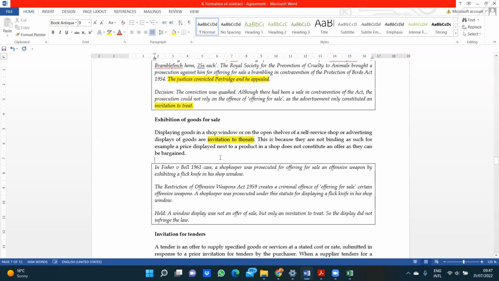Yes, because any goods displayed on a shelf or advertised, the person who is going to buy makes the offer.